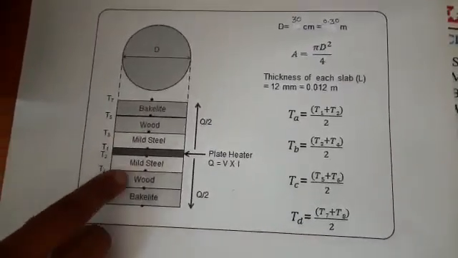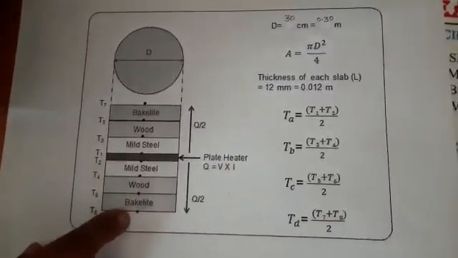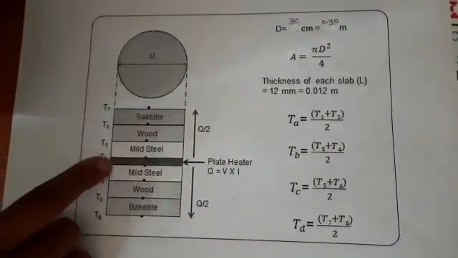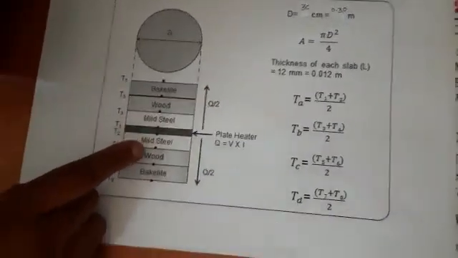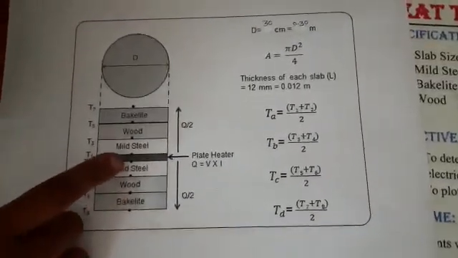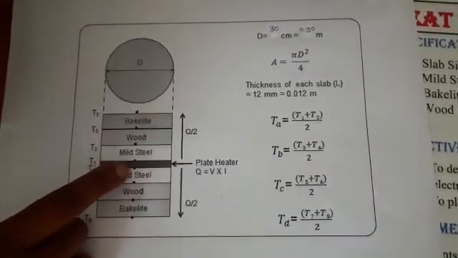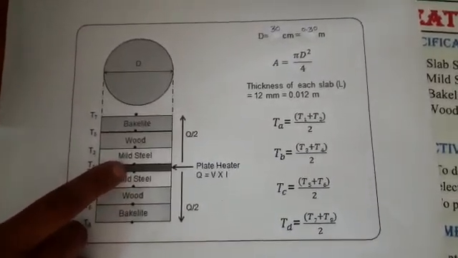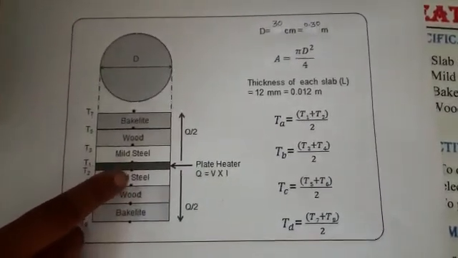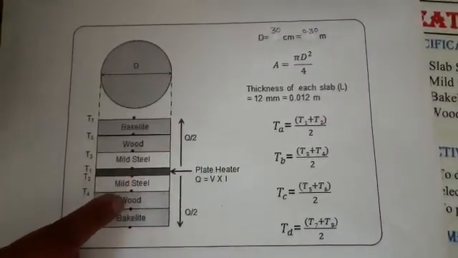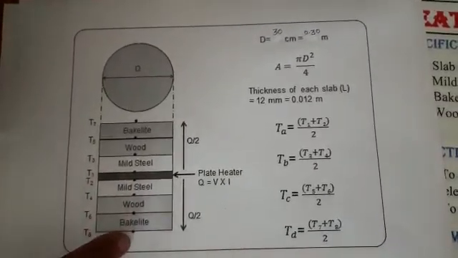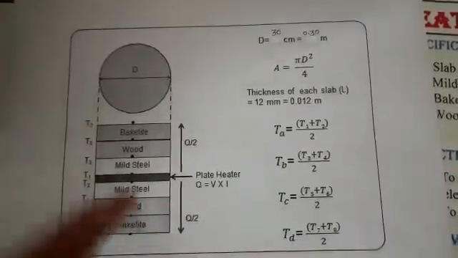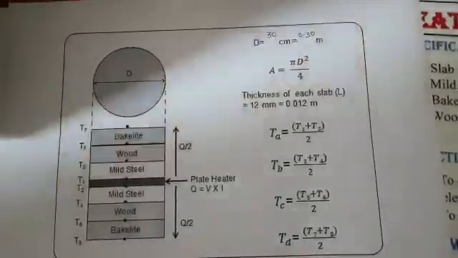Again you have mild steel, wood and bakelite at the bottom. This plate heater will first heat the mild steel, then wood and bakelite. We measure the temperature at each interface, like in between the plate and mild steel, then in between mild steel and wood, wood and bakelite, and at the outer surface of the bakelite on the two sides of this plate heater.